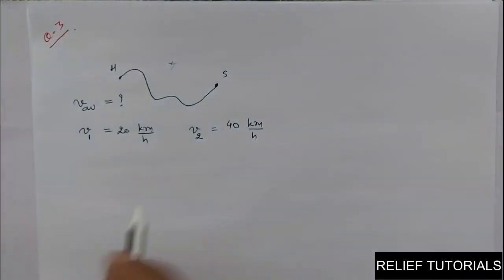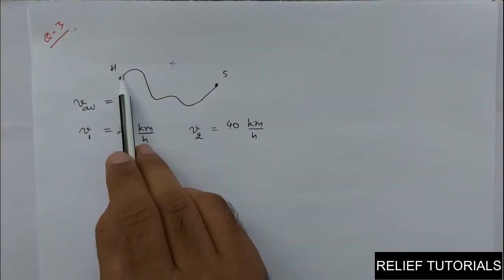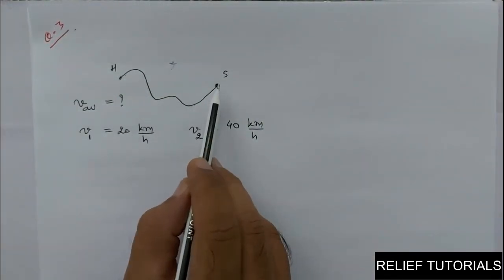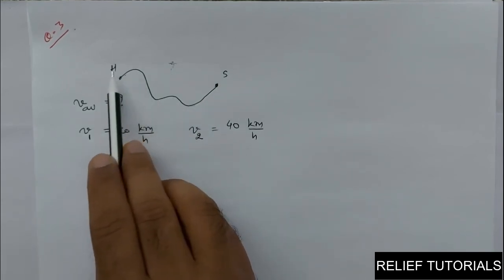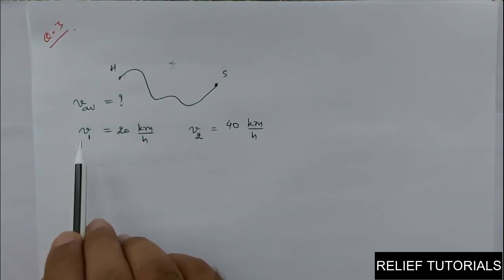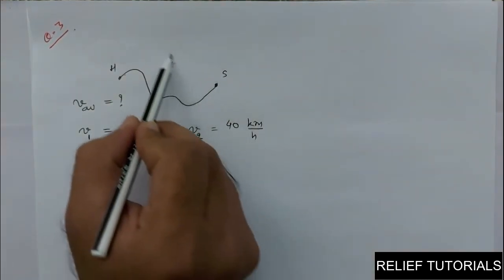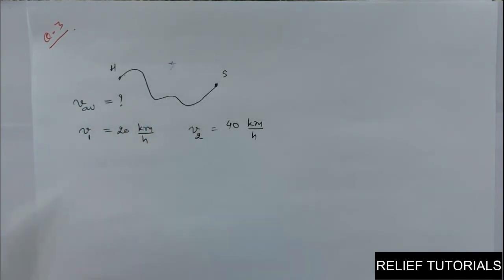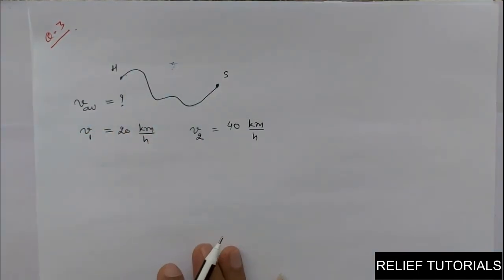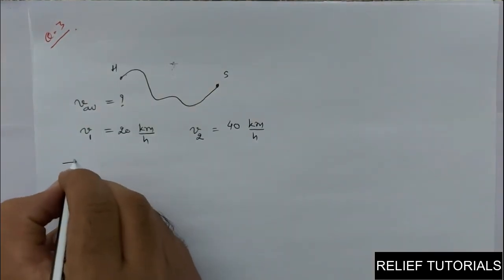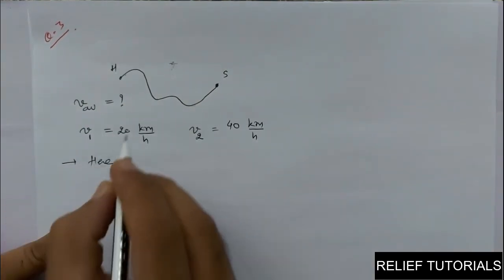Same route means the distance traveled in the first part and the distance traveled in the second part are the same. Just assume that if he is not following the same route, he is going from some other path, for example from here, then the distance will be different obviously. But here it is given that the distances in both paths are the same. Here, can I write like this?